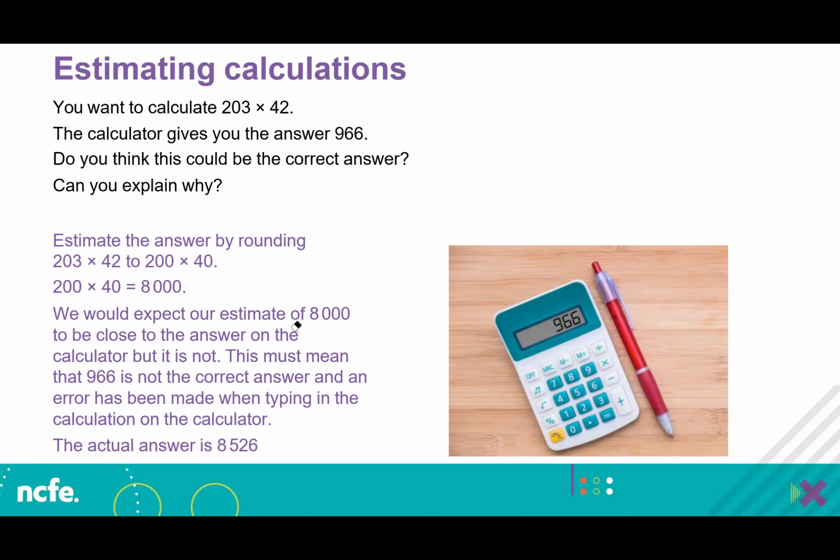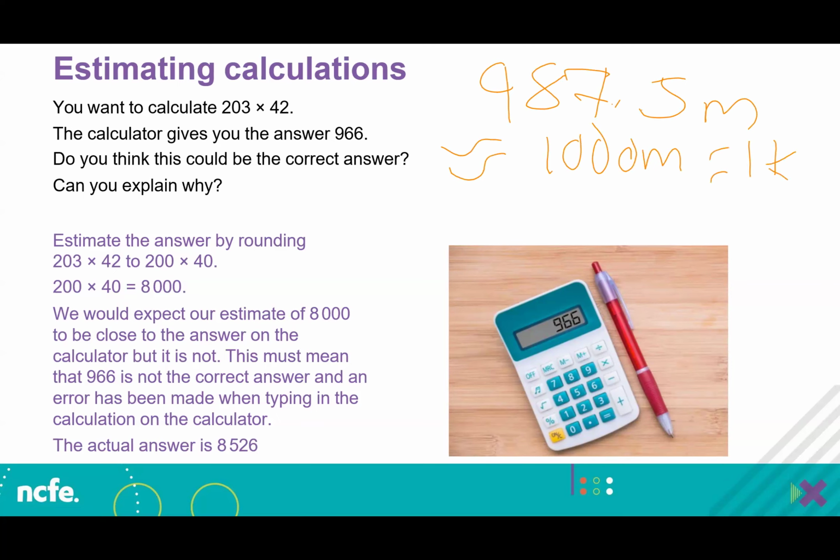So we want to work out the approximate. If it takes him approximately 20 minutes to swim one lap, which is 1 kilometer approximately. 987.5 m can be rounded up to 1,000 m, which also equals 1 km.